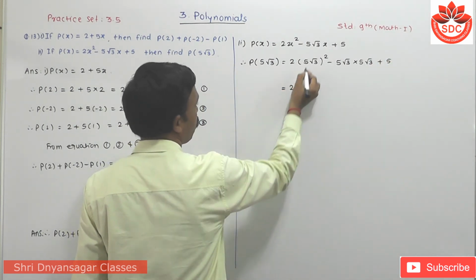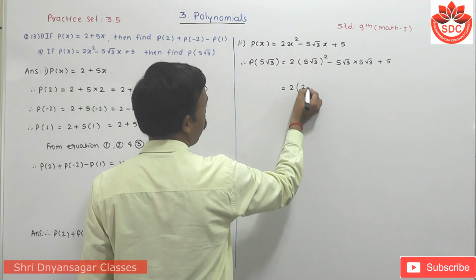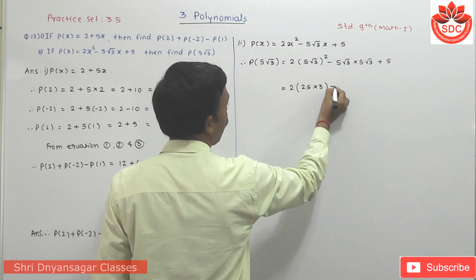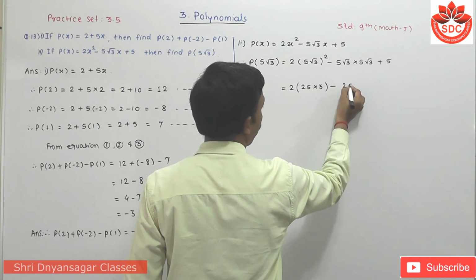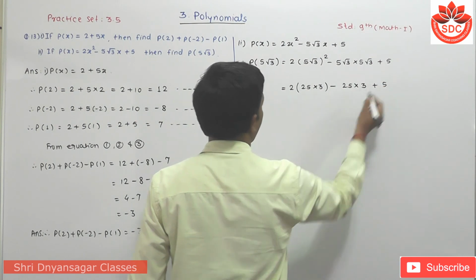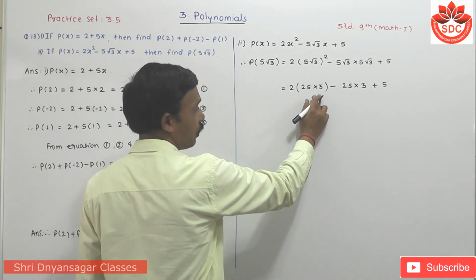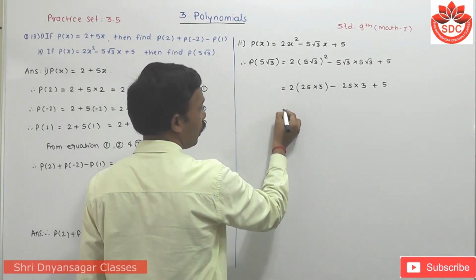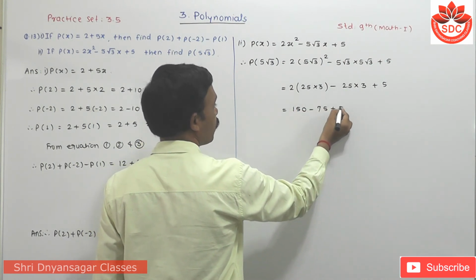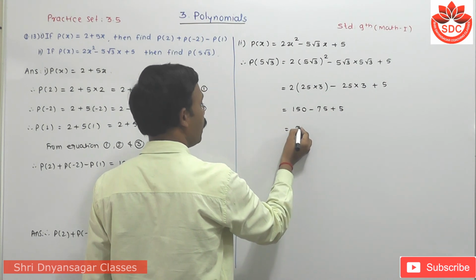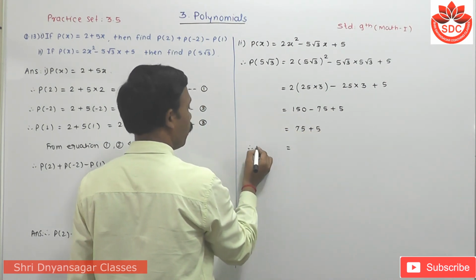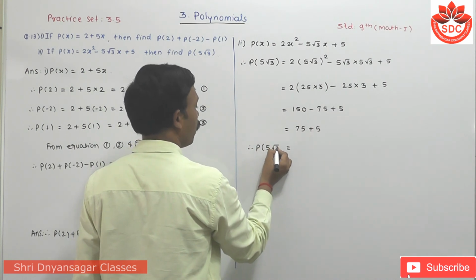This square is 2 into square of 5 is 25 and square of root 3 is only 3, minus this 5 5s are 25, root 3 into root 3 is again 3, plus 5. This is 75. 25 3s are 75 into 2 is 150 minus this 75 plus 5. This subtraction gives 75, plus this 5, means that therefore p of 5 root 3 is equal to 80.